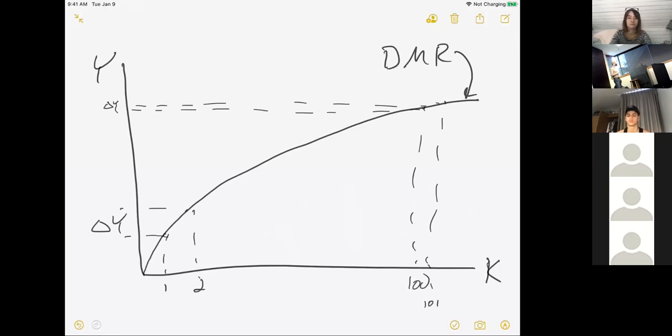And so that's what we mean by diminishing marginal returns. The change in output you get from a change in capital goes down as the amount of capital goes up. There are a lot of words in that definition, but it's really just saying as the amount of capital goes up, you still add to output, but you don't add as much as you did when capital was low.